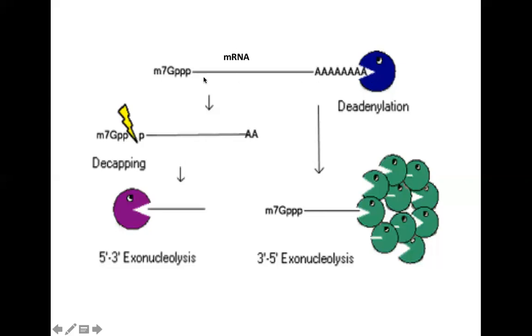So if you want to destroy this mRNA molecule, you need to remove the guards at both the ends. So either you start from 3' to 5' direction, then you need to remove the polyA tail, or you start from 5' to 3' direction, then you need to remove the cap. You need to remove the guard so that the exonuclease can destroy the mRNA molecule.